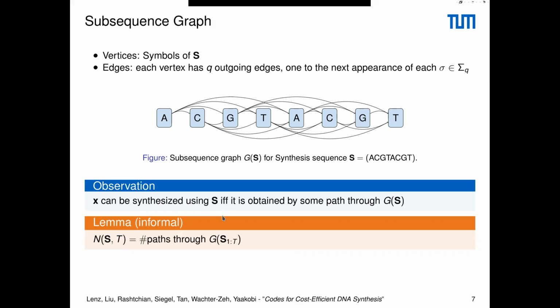A short note here: it says informal because we don't count all the paths through G of S and T, but only the paths which start at one of the first four vertices in this case, because otherwise we might have different paths which generate the same word, and therefore we would have an overcounting on the right-hand side.